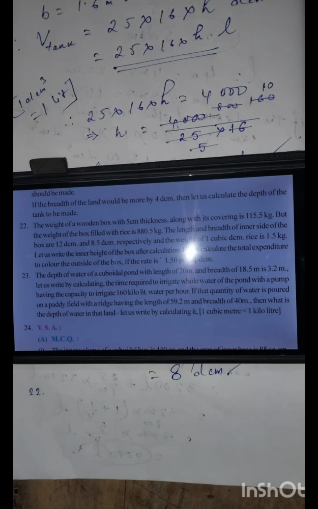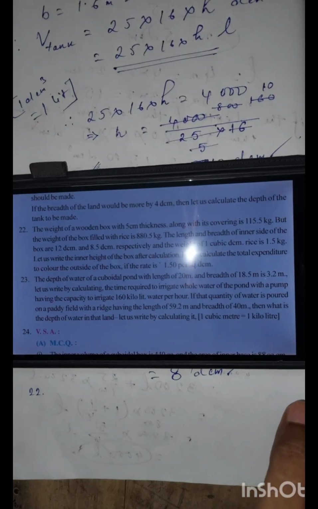The length and breadth of the inner side of the box are 12 decimeter and 8.5 decimeter respectively, and the weight of 1 cubic decimeter of rice is 1.5 kg. Let us write the inner height of the box after calculation. Let us calculate the total expenditure to color the outside of the box, if the rate is rupees 1.50 per square decimeter. So let us try to solve it.